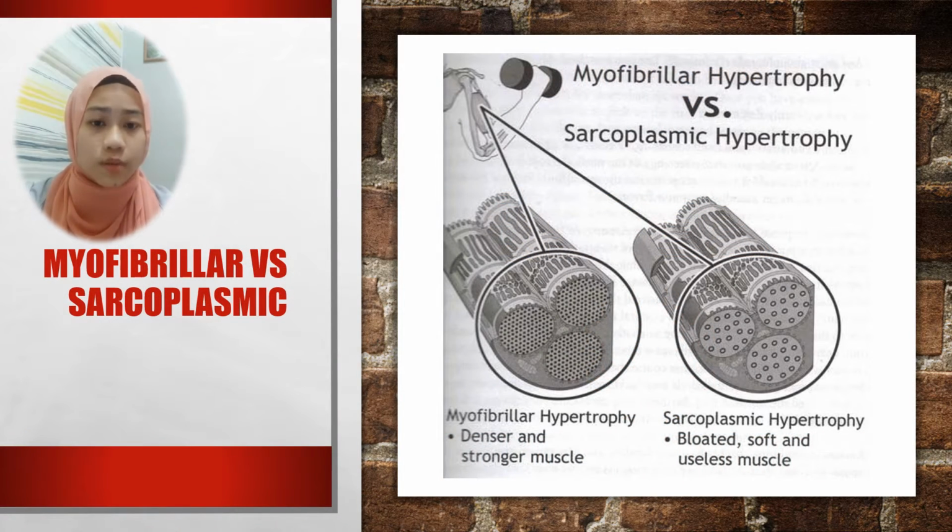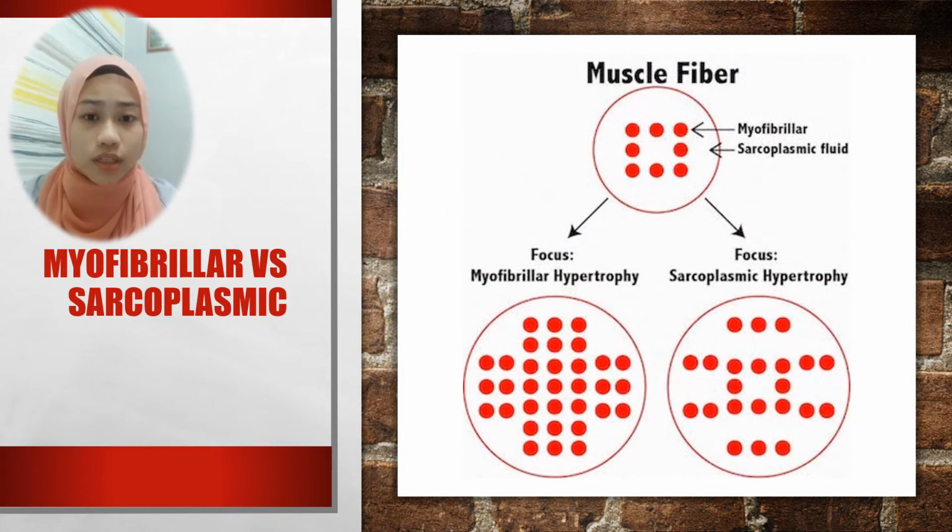Basically, myofibrillar represents the increase of muscle fibers called myofibrils. For sarcoplasmic hypertrophy, it is the result of exercise performed by bodybuilders. Glycogen storage aims to enlarge muscles, and muscles continue to store glycogen so they look big and dense.